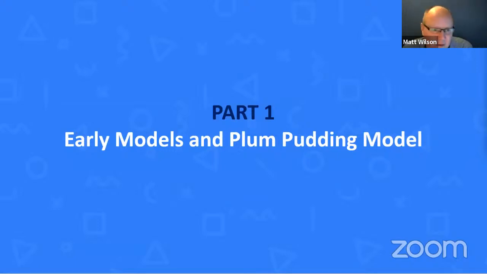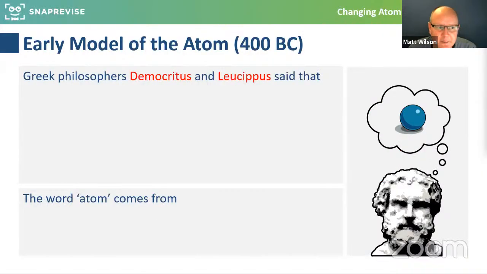Now, early models differ from what we understand now, and you may be examined on your understanding of the early models, and in particular the Plum Pudding model of the atom. So, Greek philosophers Democritus and Leucippus said that matter was composed of tiny particles called atoms, which could not be broken down any further.